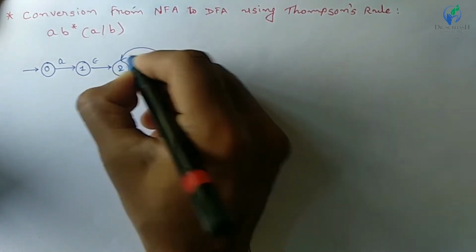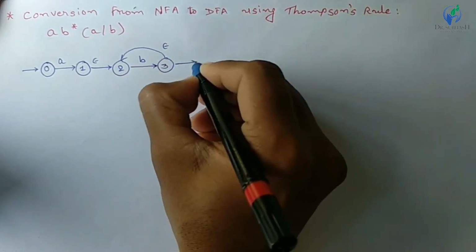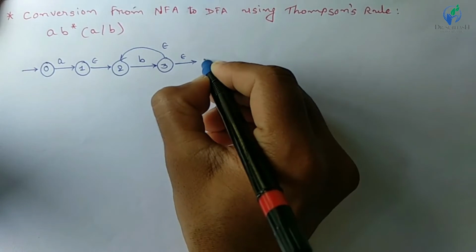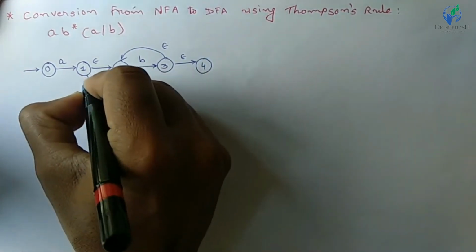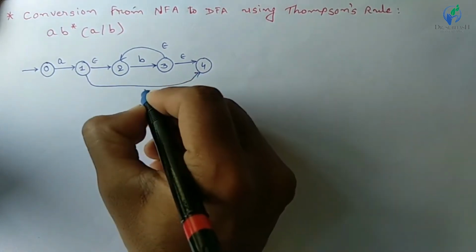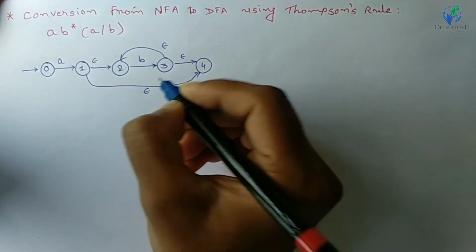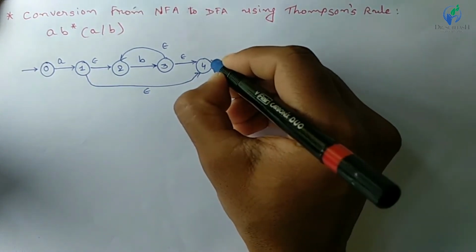Loop back with epsilon. Next state epsilon. If there is 0 occurrence, then from 1 to 4 epsilon. Now join the NFA of a or b.